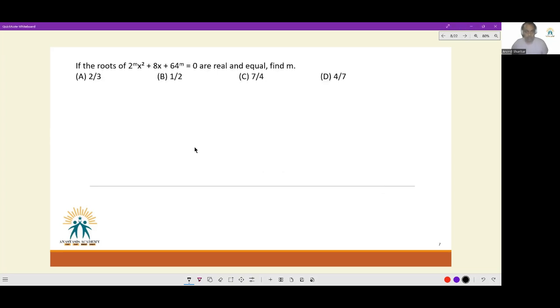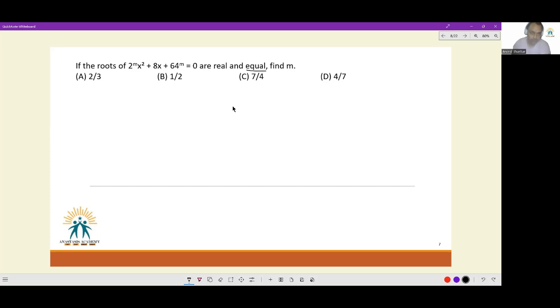Okay. Next, again, if the roots of 2 raised to the power n x square plus 8x plus 64 raised to the power n are real and equal. Understand? They're not saying the roots are integral, they are saying real and equal. Find them. If the roots are equal, it can only happen if b square minus 4ac is 0.